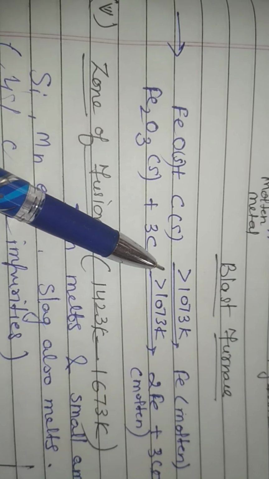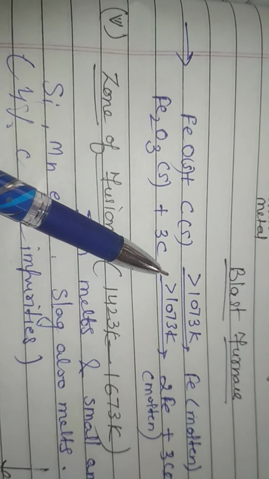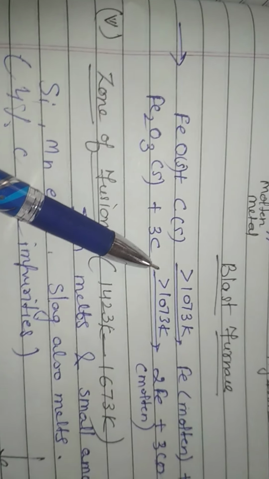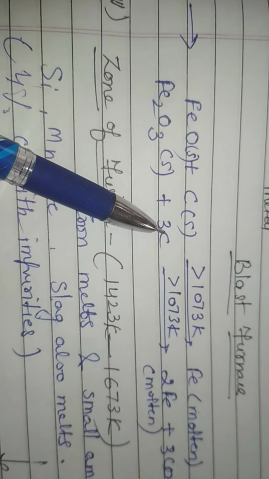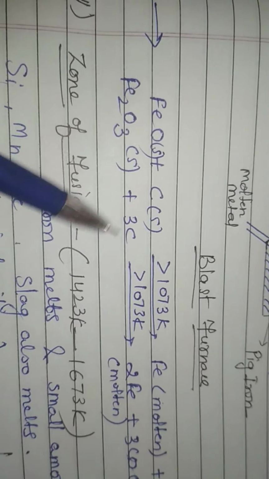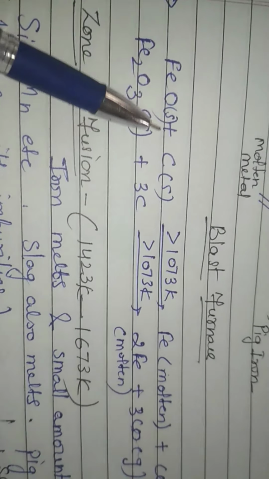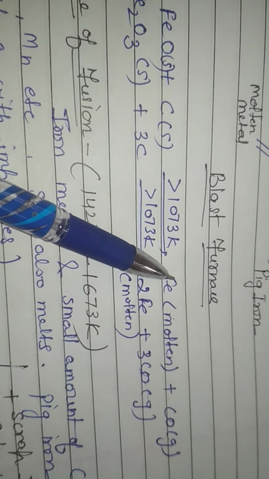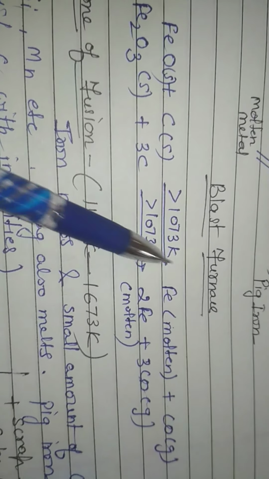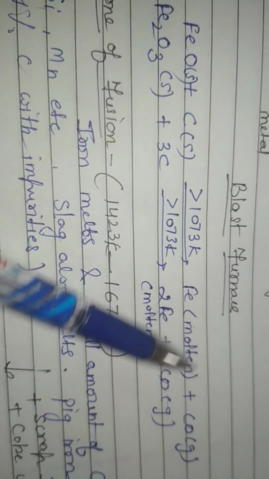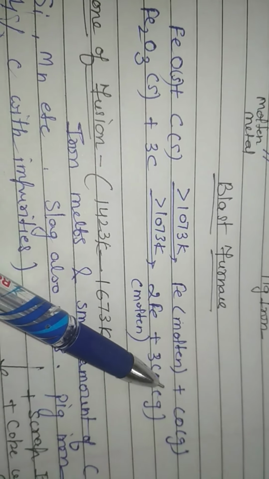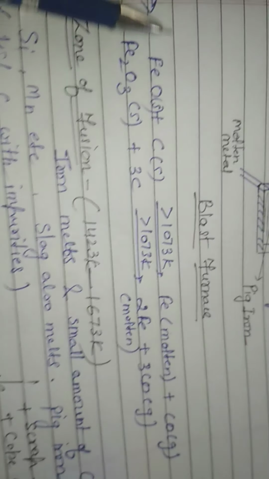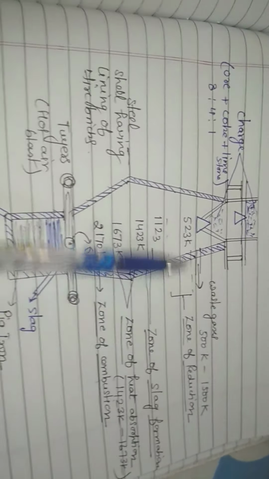That is the zone a bit below the zone of reduction, in between the zone of reduction and the zone of slag formation, you may say. So here it would be reduced by carbon and gives iron in the liquid state, you may say at first, and carbon monoxide would be released. All the waste gases would exit through this hole.